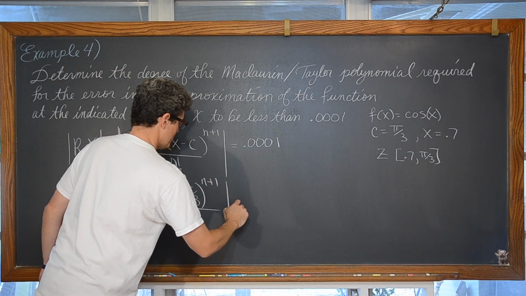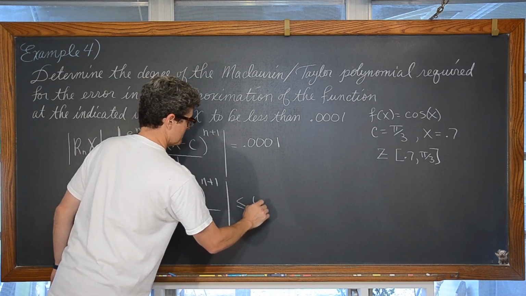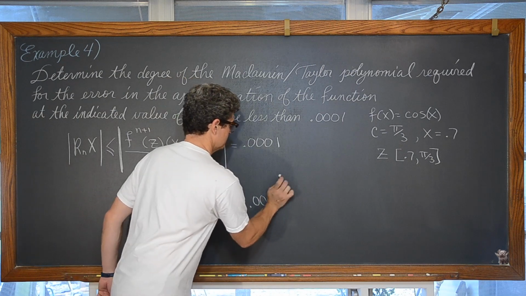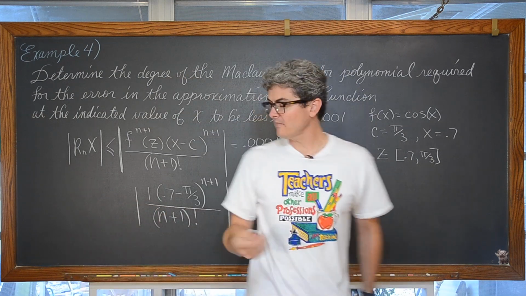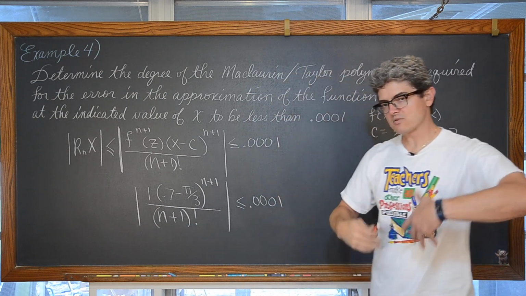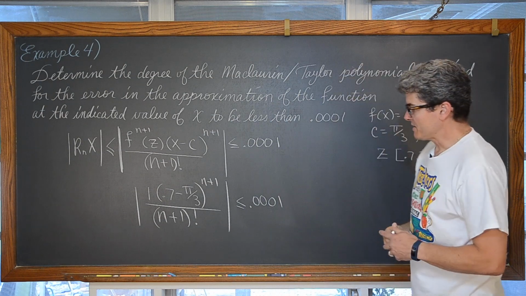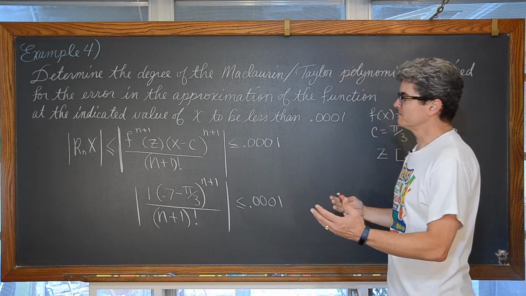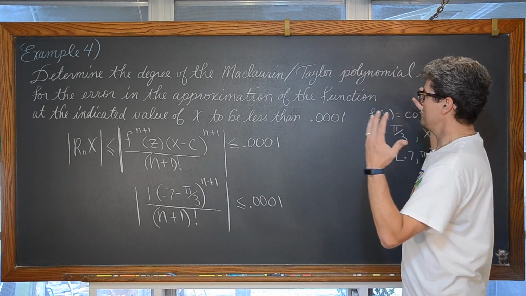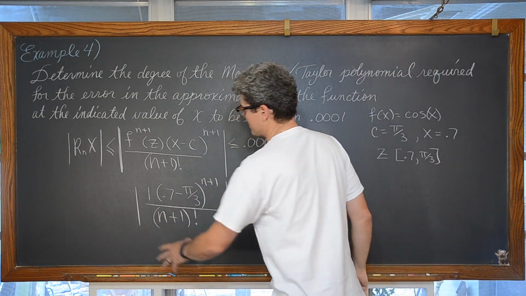Now really what we're doing here is just trying to figure out, I wrote equal to, but I really want that to be less than or equal to, as far as what n value we want. And really at this point, I just wanted to let you see the notation and the process you're going to go through, but you're just going to do trial and error with this.